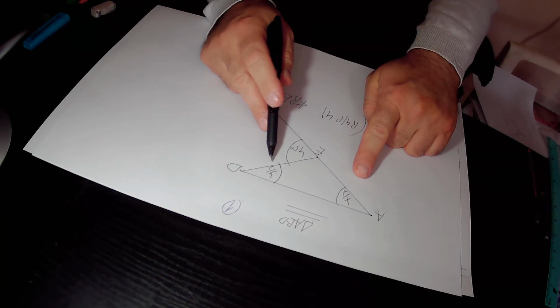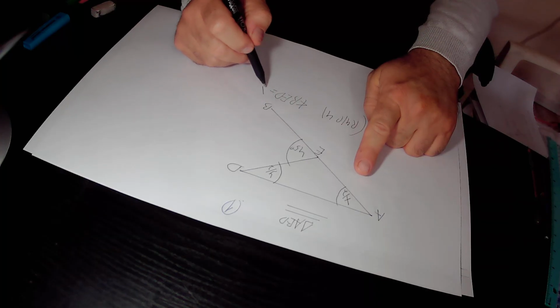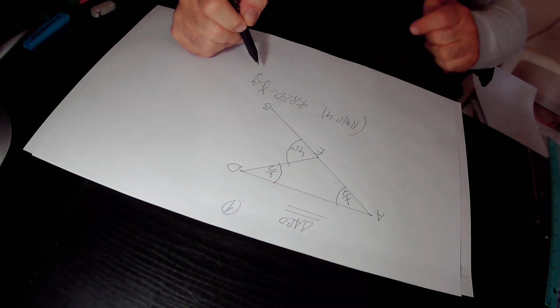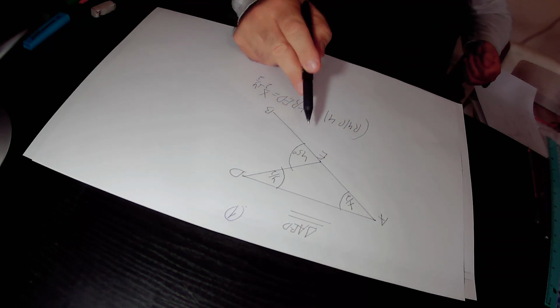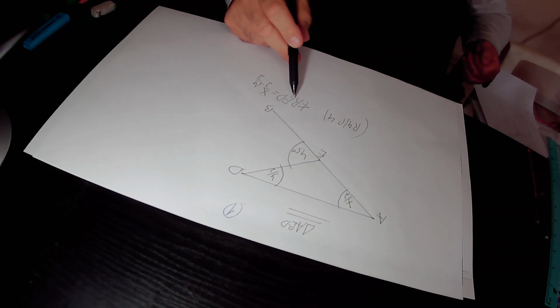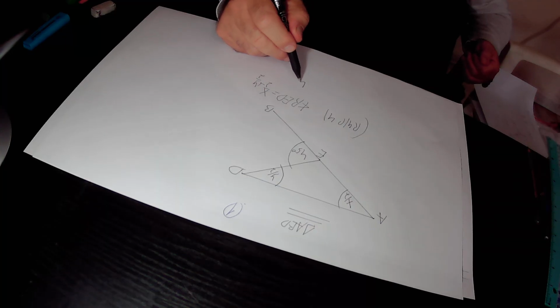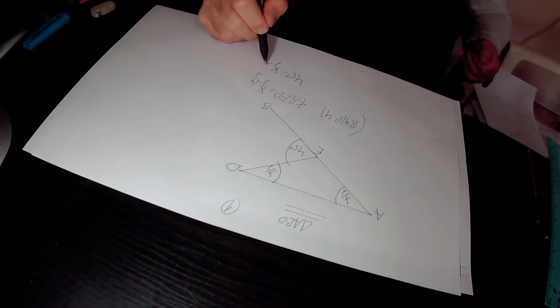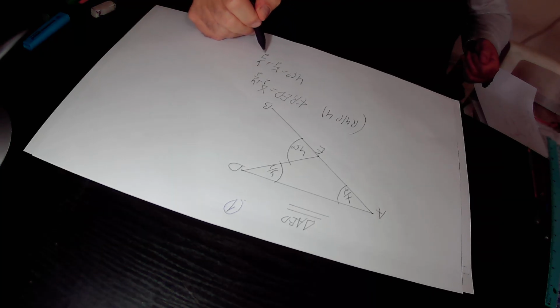That is to say, it is x over 2 plus y over 2. According to rule 4, angle BED equals 45 degrees, so we substitute angle BED by 45 degrees. So 45 degrees equals x over 2 plus y over 2.